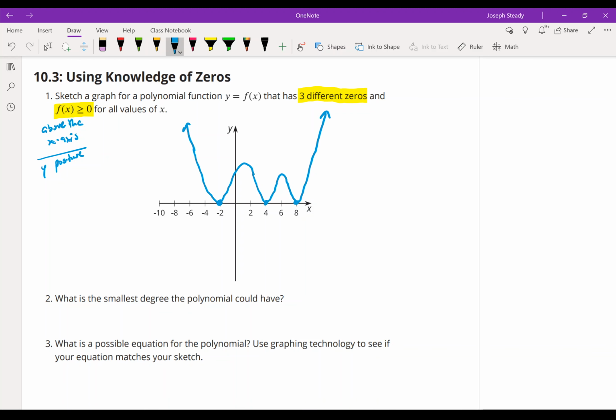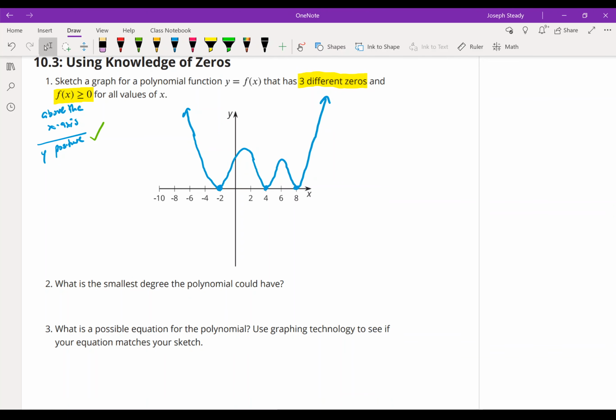So now I never go through the x-axis down to the bottom side. I never want to do that because that would give me a negative y value, and I want all my y values to be positive. So there seems like a sketch that has three different zeros and always has positive y values.